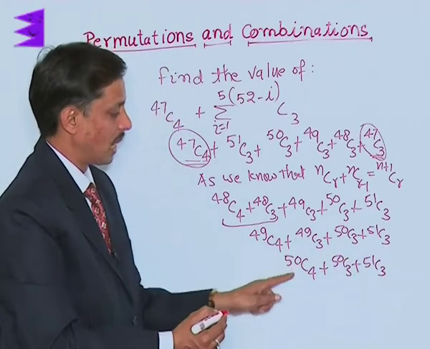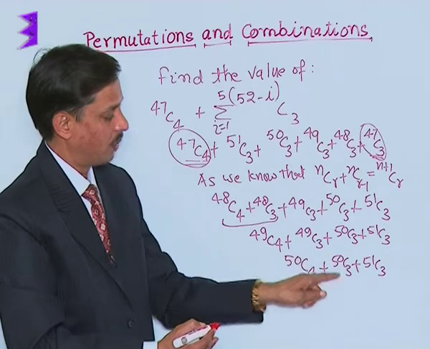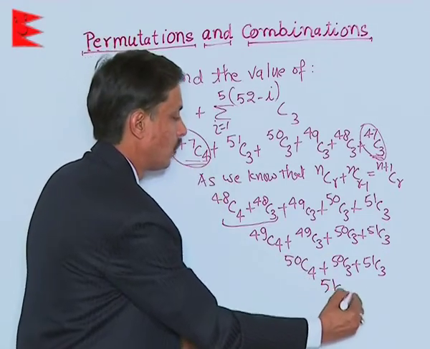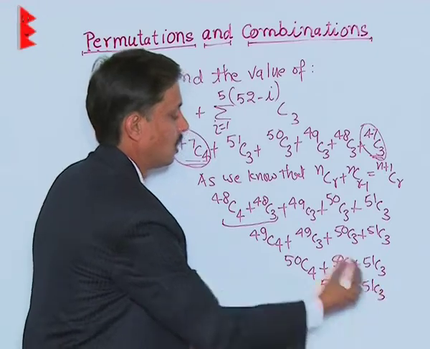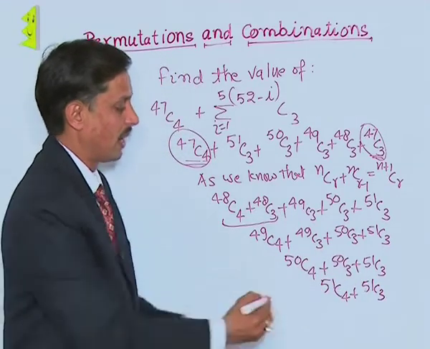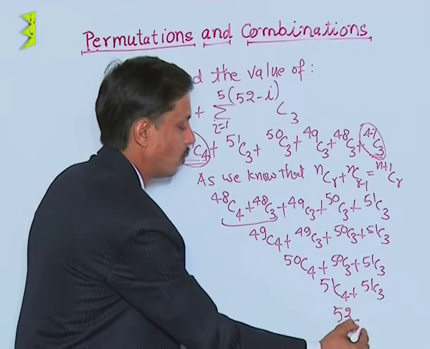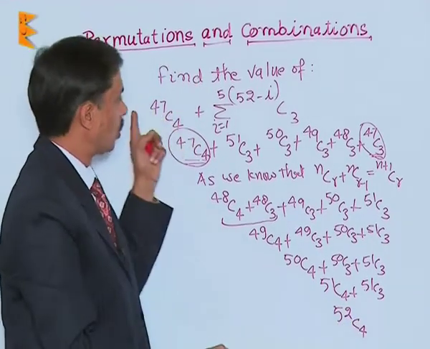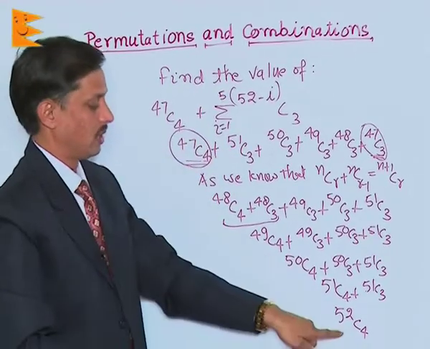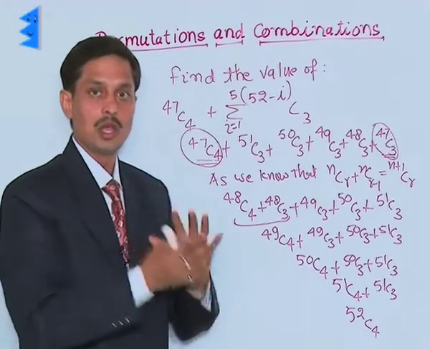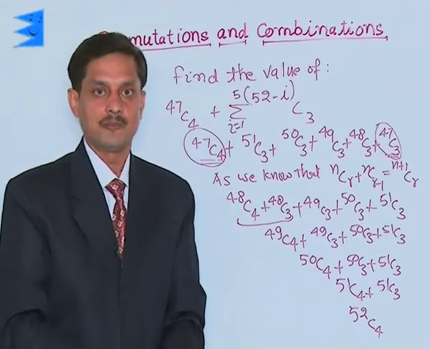Now the same is applied to 50C4 and 50C3. The result will be 51C4 plus 51C3. Applying the same result here, the final answer comes 52C4. So the answer of this part is 52C4 by using the properties of combinations.